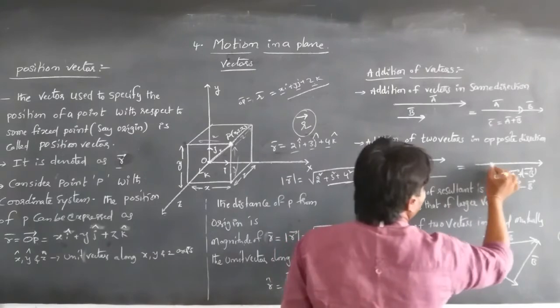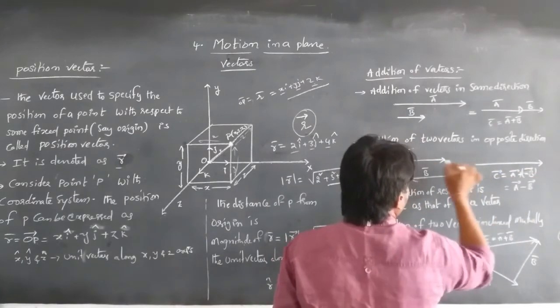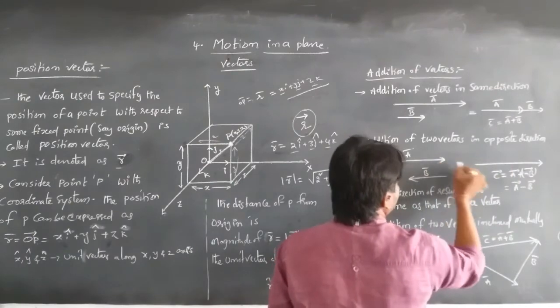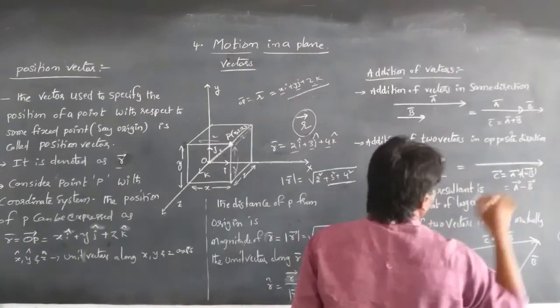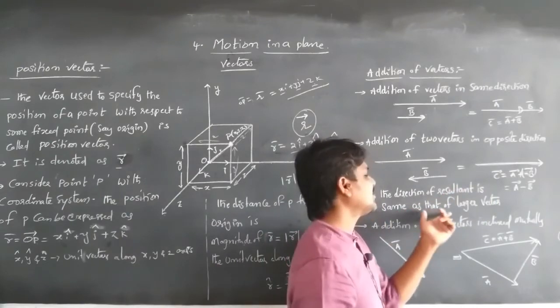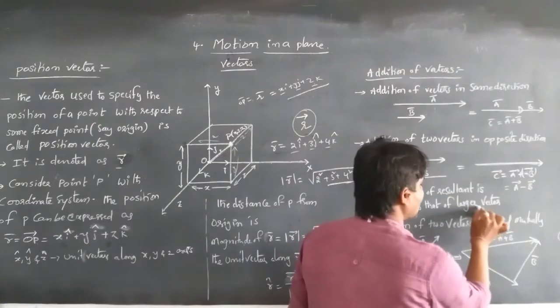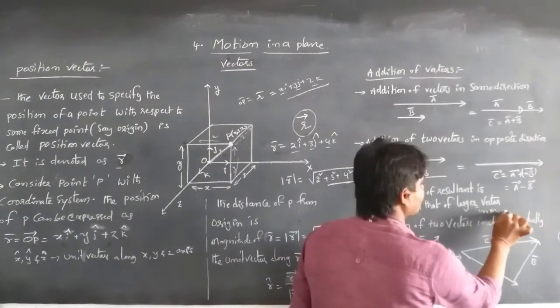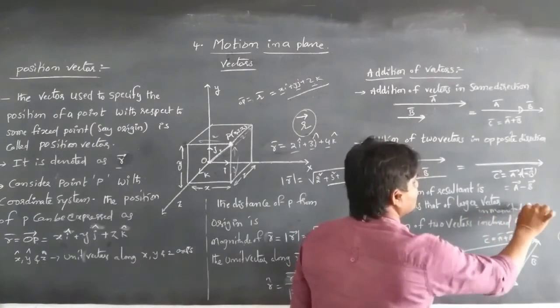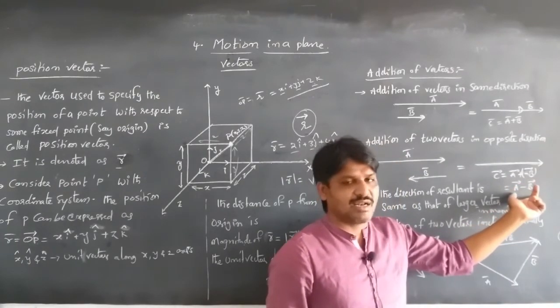So the resultant will be in this direction, A bar minus B bar, because the larger magnitude is in this direction. So the direction of the resultant is the same as that of the vector larger in magnitude. So here it is A bar minus B bar.